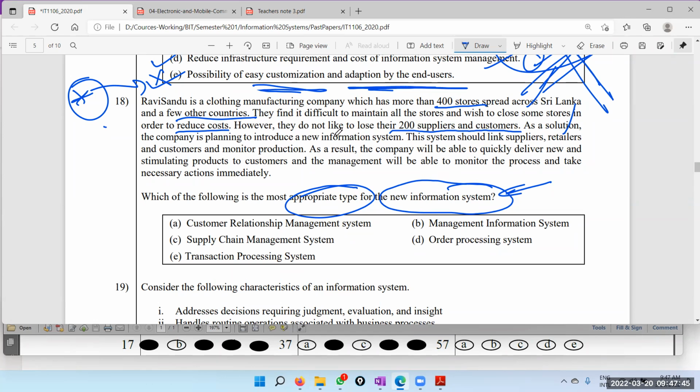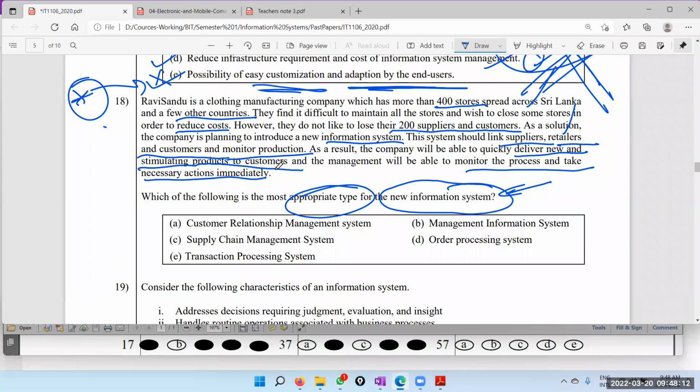As a solution, the company is planning to introduce a new information system. This system should link suppliers, retailers, and customers and monitor production. As a result, the company will be able to quickly deliver new and stimulating products to the customers, and the management will be able to monitor the process and take necessary actions immediately.